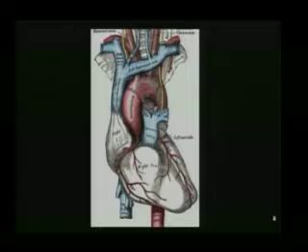This image is from the Gray's Anatomy book. So ascending aorta, arch of aorta. The ascending aorta is very mobile. It's not a fixed structure at all.